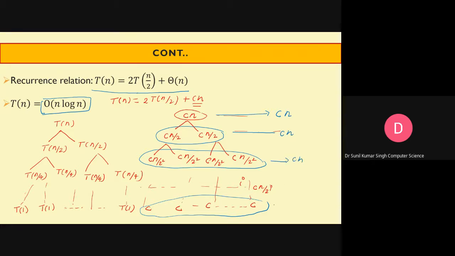If you add them, you will find Cn. So here Cn means how many C's are there? N C's are there in total.